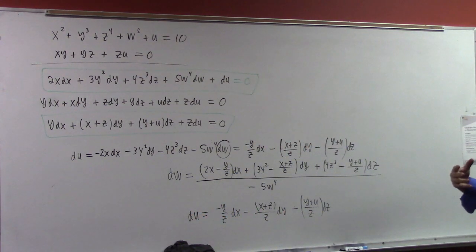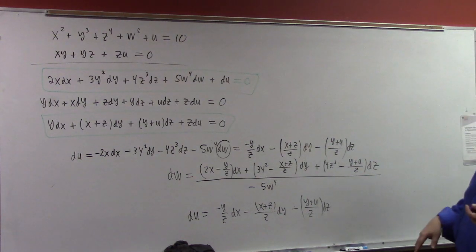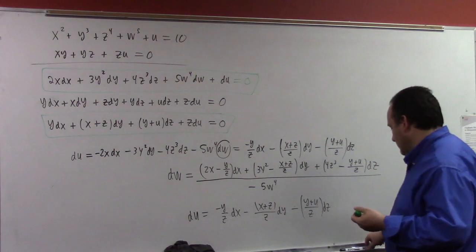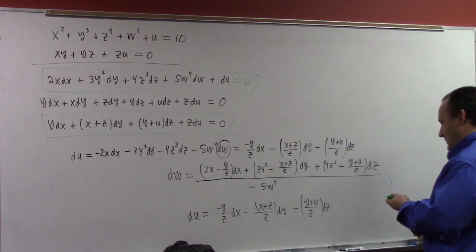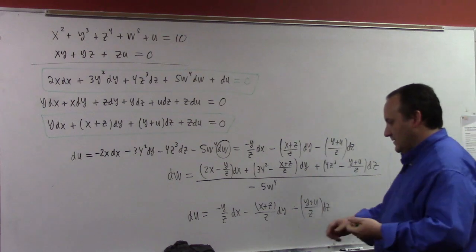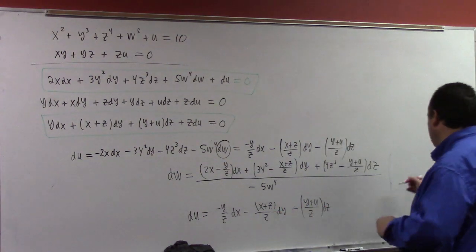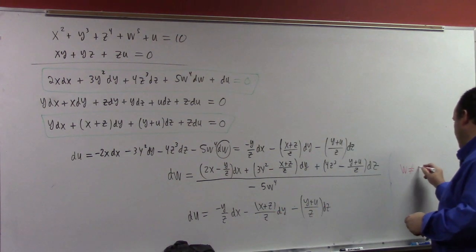Now, what conditions did I need in order to solve for these differentials, right? The algebra I just had to do, I need what? Certainly I need w not equal to 0.